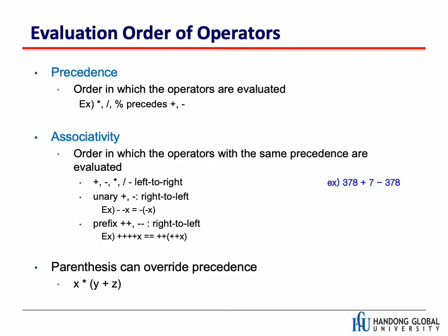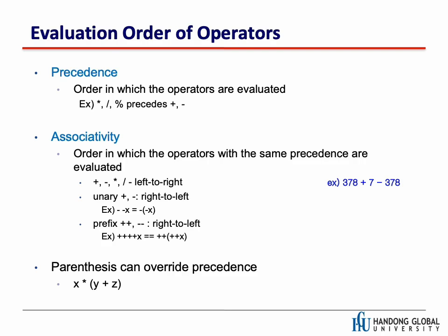Then we will evaluate the left one first and then the right one. So 378 plus 7 will be evaluated first, and then we will subtract 378. So we will follow this associativity order.